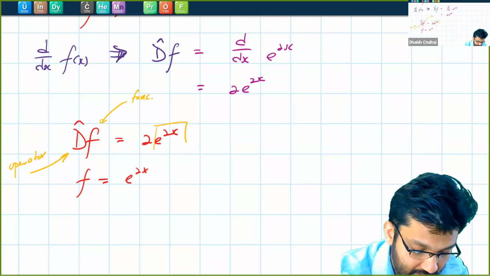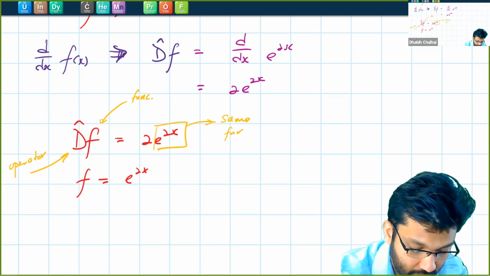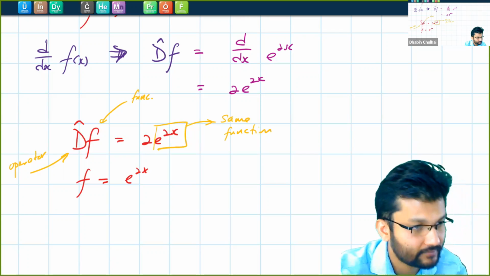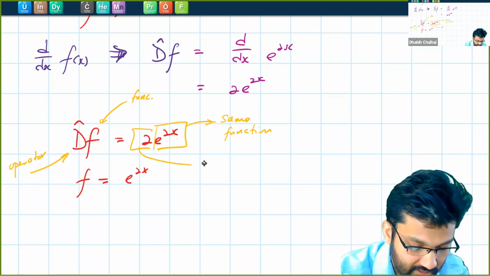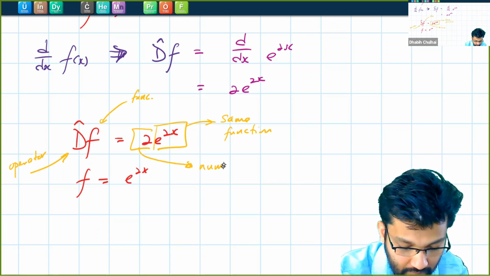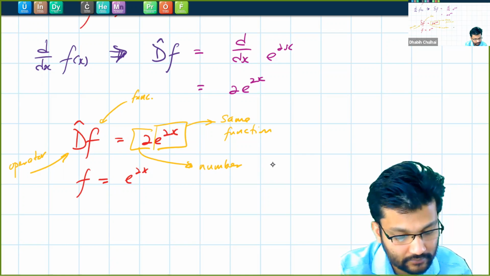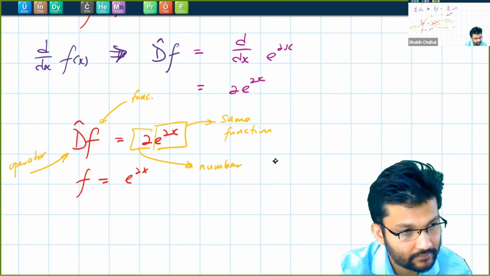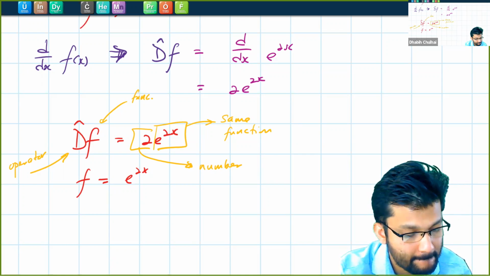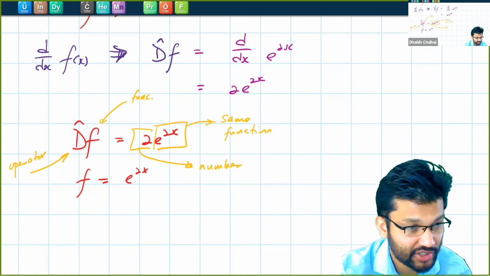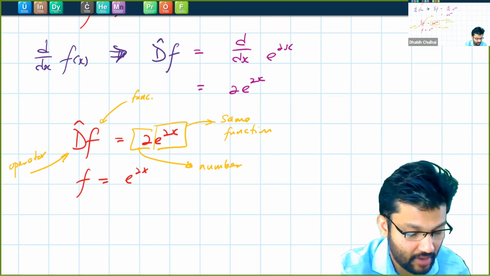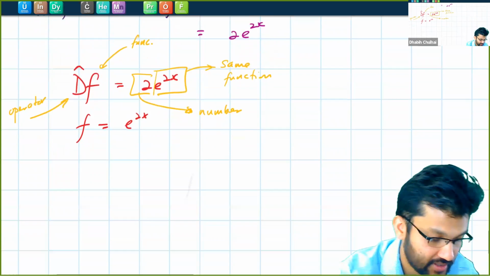But look at this. Here's e to the 2x. It's the same function. And here, this is just a number. This is actually a very special case of operator function combination.